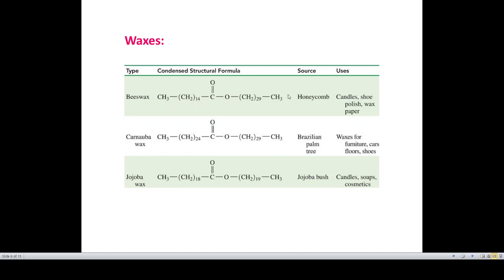As already said, the source of beeswax is honeycomb, and it has application in the preparation of candles, shoe polish, and wax paper. Carnauba wax, this is the structural formula, is found in the Brazilian palm tree, and this wax is used in furniture, cars, floors and shoes. Another wax, jojoba wax, which occurs in the jojoba bush, has an application once again in candles, soaps and cosmetic preparations.